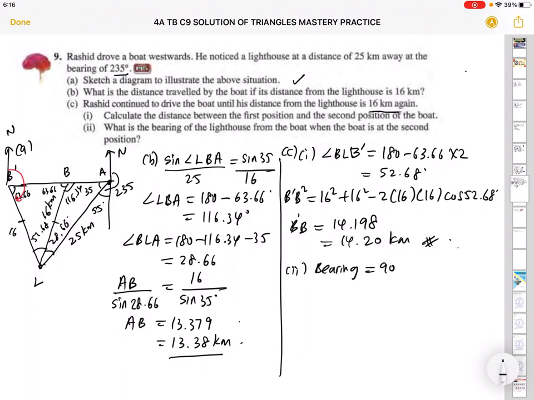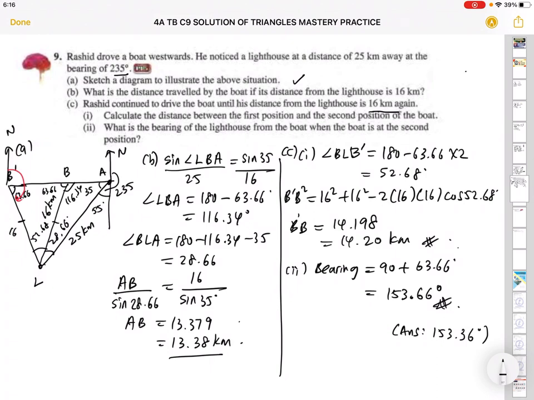I got 153.66. Take note that the answer given in the textbook is 153.36. I don't know, maybe I made a mistake, but I couldn't find any, or the textbook could have made a mistake. So I got 153.66. All right, next question.